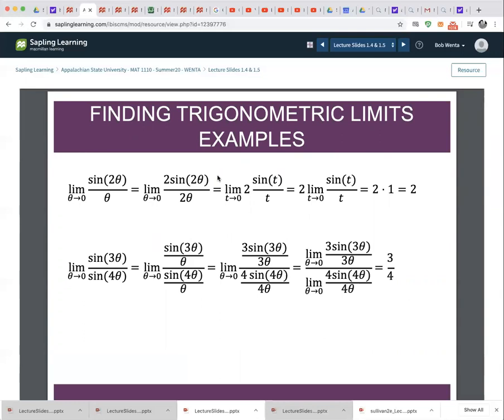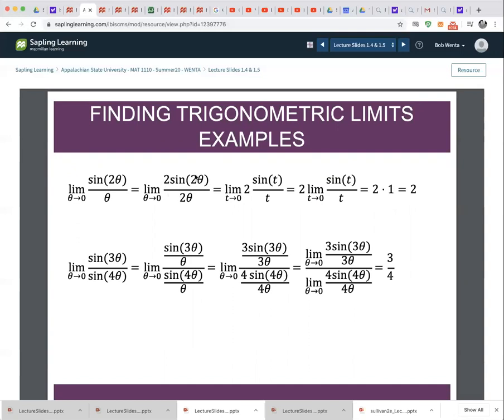Sine of 2 theta over theta, those aren't matching. 2 theta and theta aren't matching. We can't just manipulate that 2 theta and make it into anything, but we can make that theta in the denominator match the value of the angle inside the sine function parentheses. We multiply the bottom by 2, and we have to counter that, so we multiply top and bottom by 2, so we're multiplying by 1.